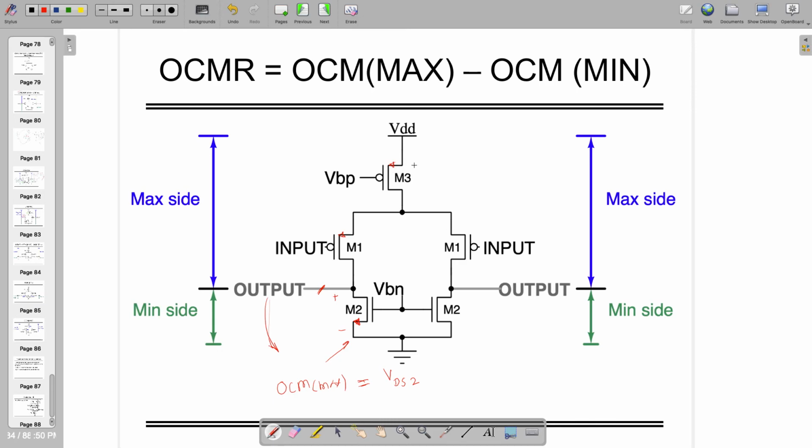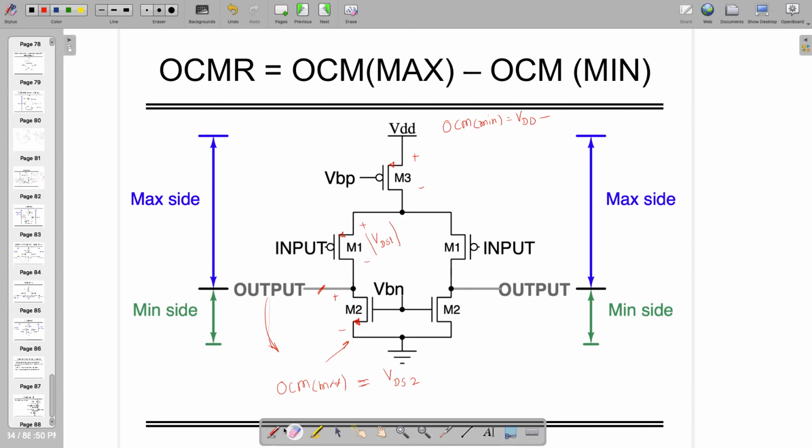Okay, so VDS2, that's fine. But if I'm looking at OCM min, as we have done last time, it's starting from VDD minus, I'm going to see here, again mod of VDS3, and from here again VDS1 mod of that, or you can write down VSD.